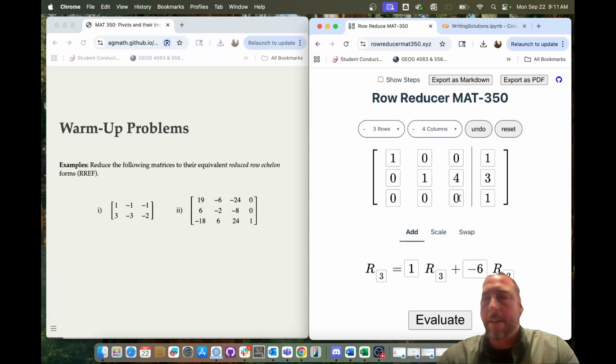Notice that we're skipping the third column because the third column doesn't have a pivot in it. The pivots are the leftmost non-zero entry in each row. So I've got this 1, and then if I move to the second row, I've got this 1. If I move to the third row, my pivot is all the way over here in that fourth column. And so we're going to replace now row 2. So when we zero out above, we're going to kind of go backwards.